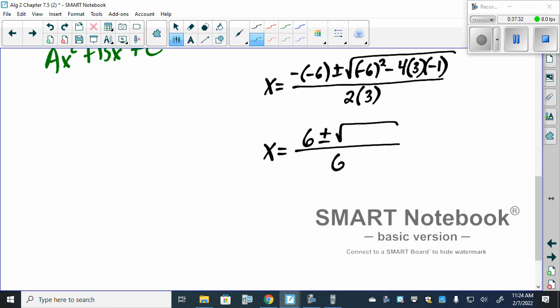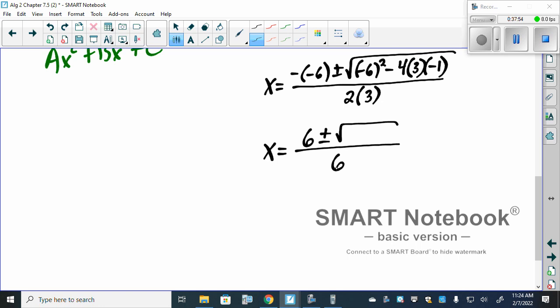On bottom, 2 times 3 is just 6. Now for the radical, we said this doesn't factor, yes? So am I expecting that the square root of negative 6 squared minus 4 times 3 times negative 1 comes out to be a whole number?